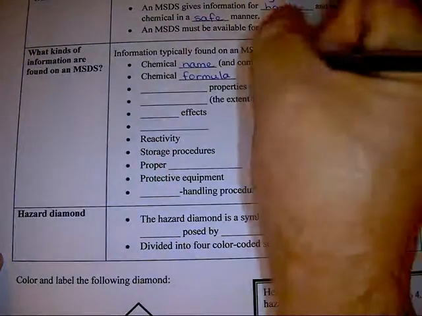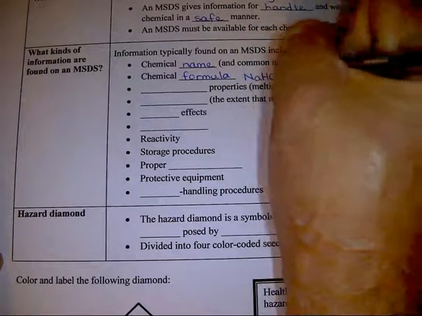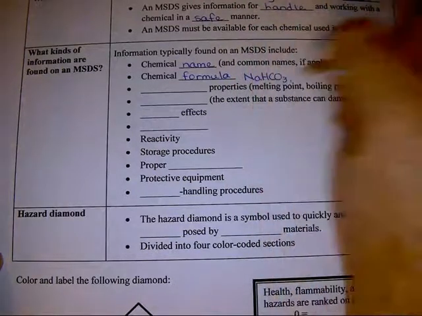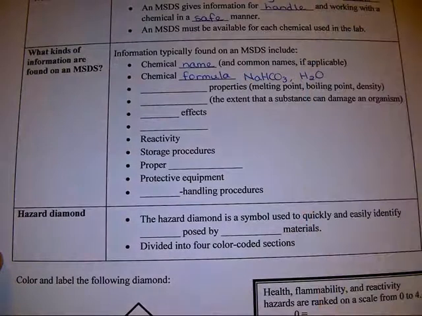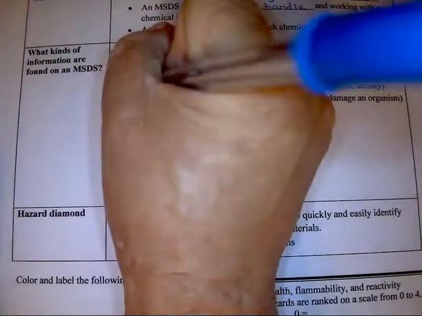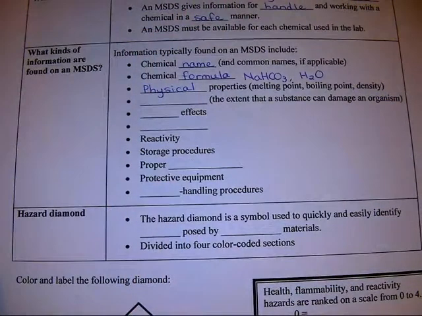The formula for sodium bicarbonate is NaHCO3. The formula for water is H2O. Usually, we will not have an MSDS for water, but you get the picture. We will get the physical properties of the chemical: its melting point, its boiling point, its density, and also just what it looks like and what it smells like.